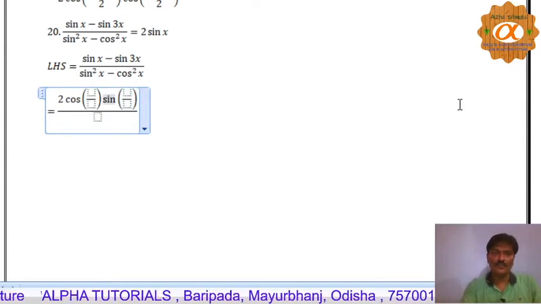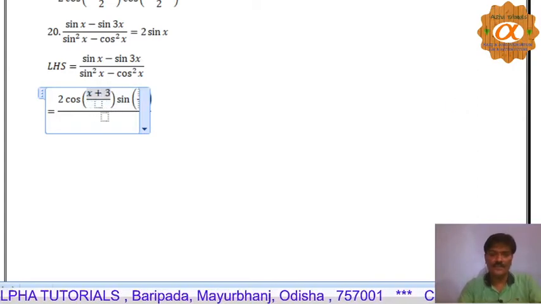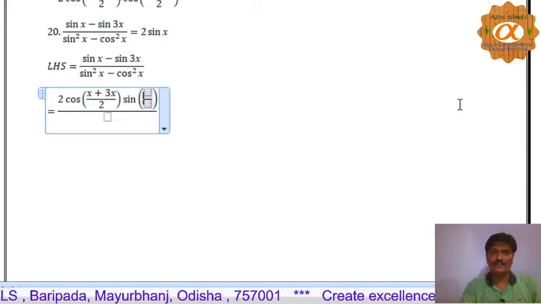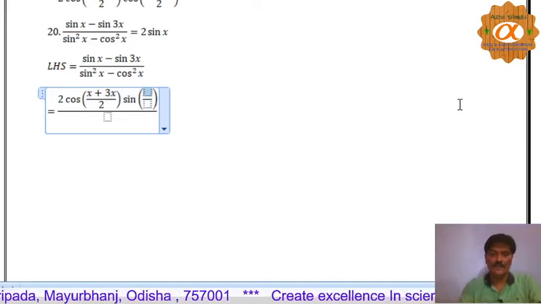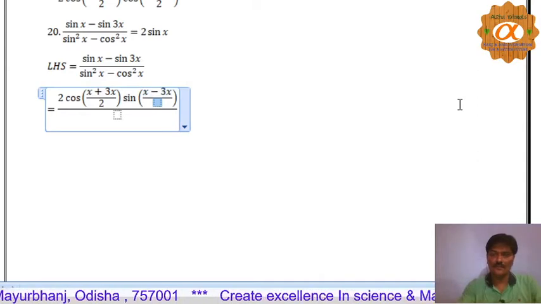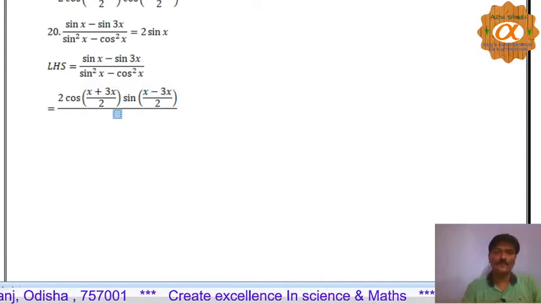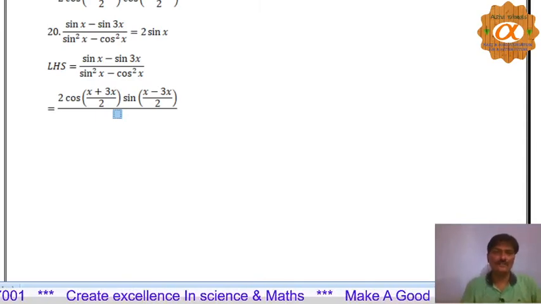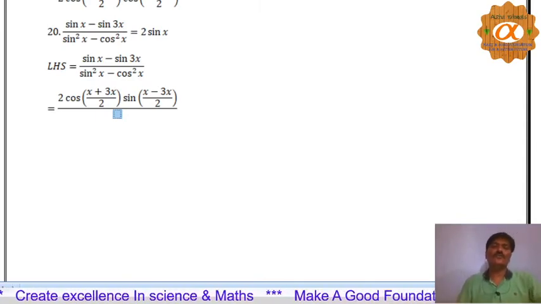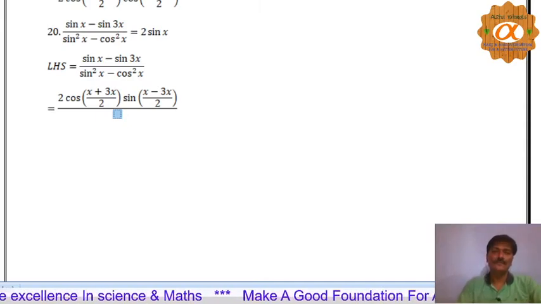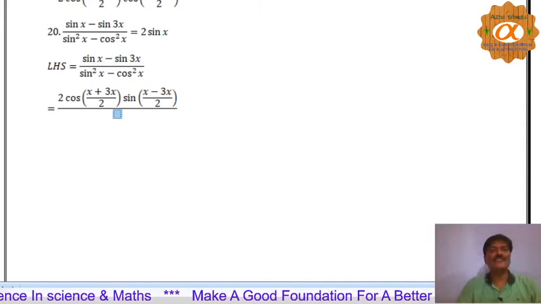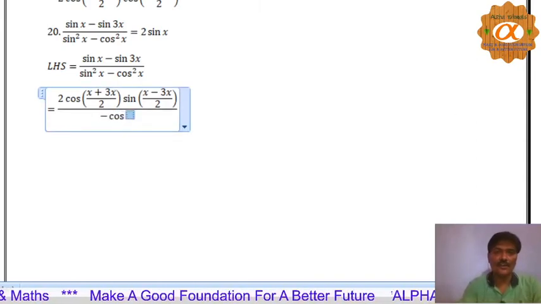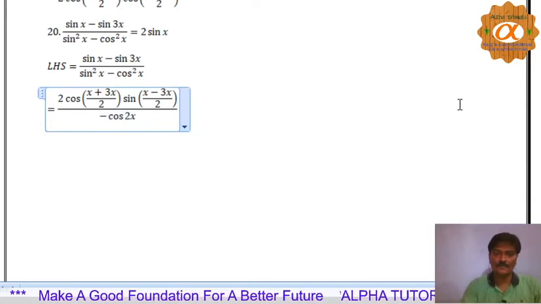That becomes cos x plus 3x by 2 and sin x minus 3x by 2. In the denominator it is sin square x minus cos square x. We know that cos square x minus sin square x is equal to cos 2x, so sin square x minus cos square x is the negative of that. It is minus cos 2x.